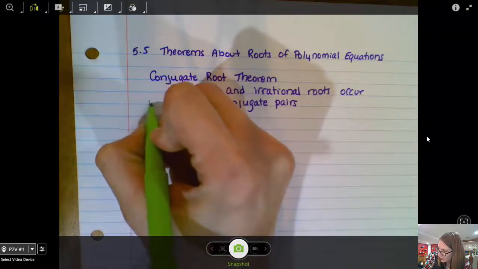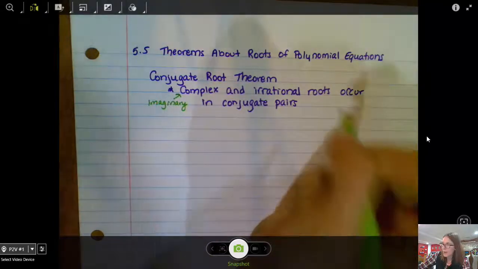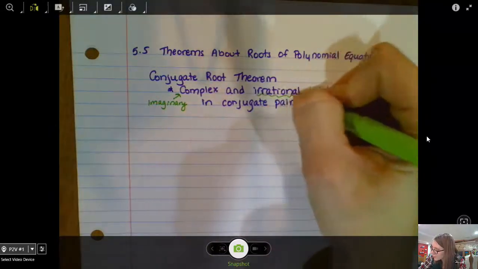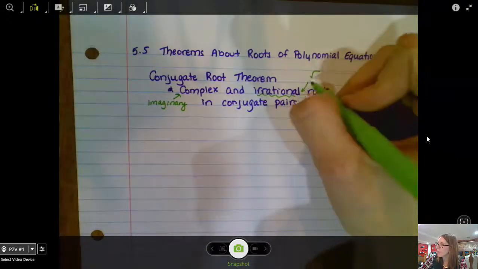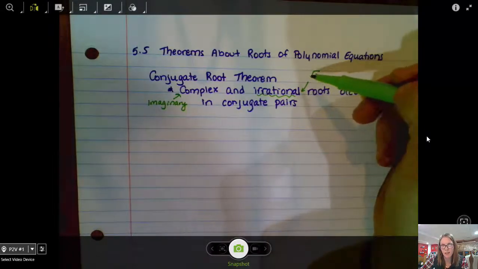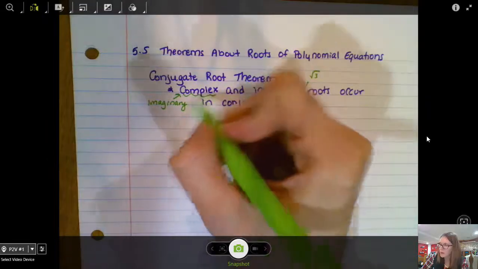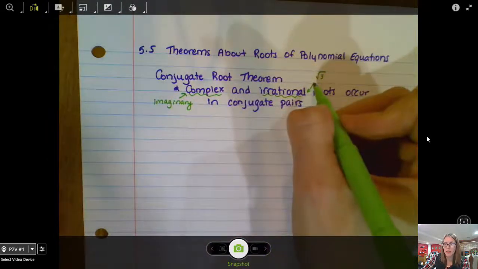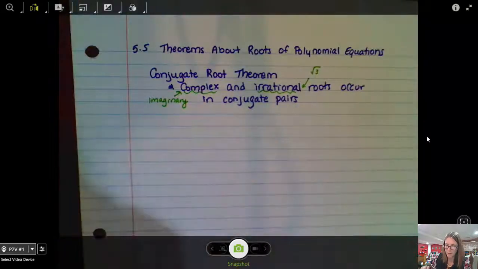Complex would be imaginary, and an irrational root would have a square root of a number in here, like square root of 3, a square root of a number that you can't simplify nicely, okay? So again, complex, we have imaginary roots. Irrational, we'd have the square root of something we can't simplify, okay?